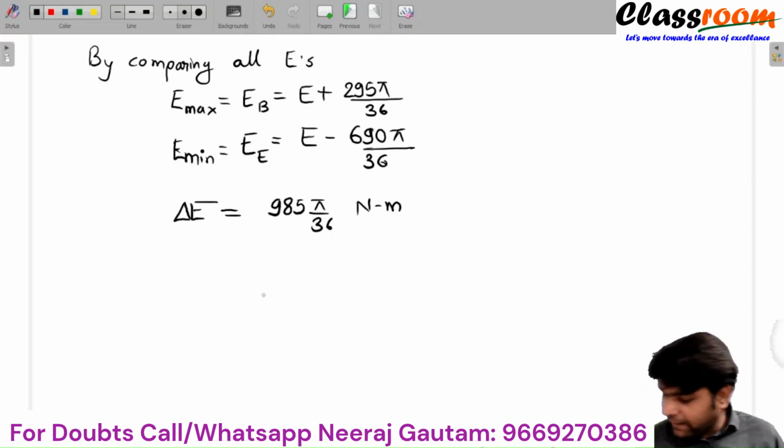Now we have to determine the coefficient of fluctuation of speed.